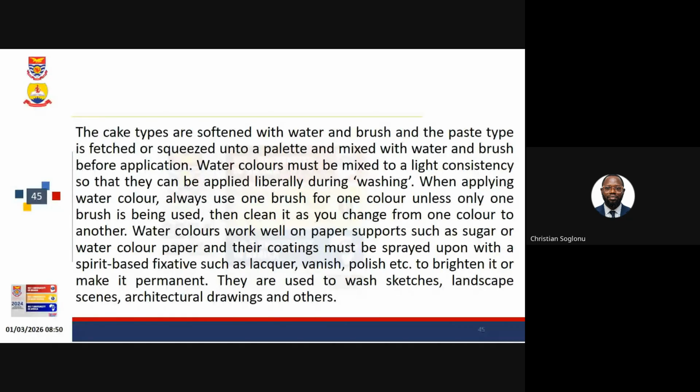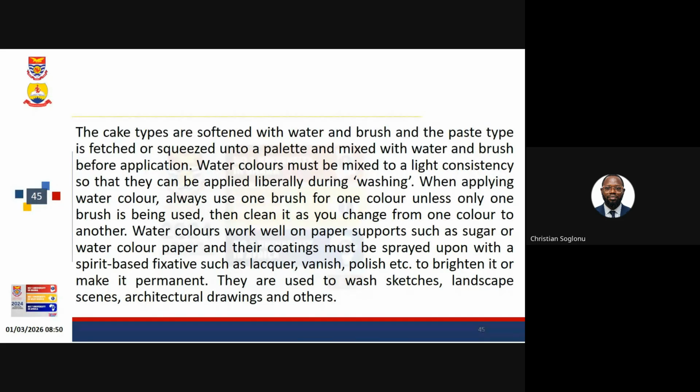With watercolor, if you want to get a tint, you add more water. You don't use white here. You add more clean water to the watercolor to get a tint of a particular color. If you want a light red, you don't add white.